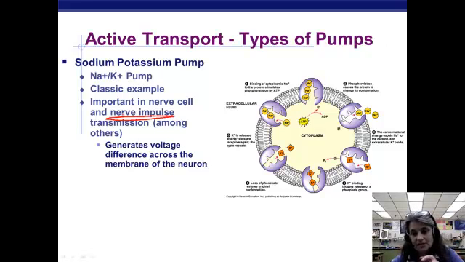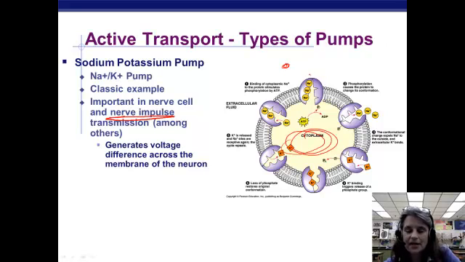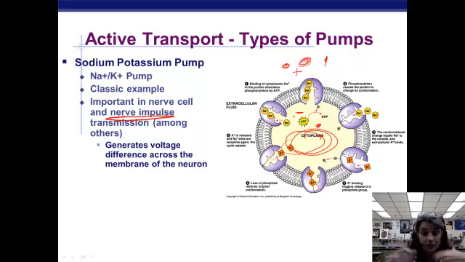But generally speaking, the sodium-potassium pump, if this is inside of a cell and this is outside, is going to force certain charged particles into a cell and keep certain charged particles out here, so that we create what is called a voltage gradient, or a difference in how much charge is on the outside versus how much charge is on the inside. Maybe the outside is more positive and the inside is more negative, and that polarity is going to allow nerve transmissions to occur. You don't really need to know all that, so why did I say it?